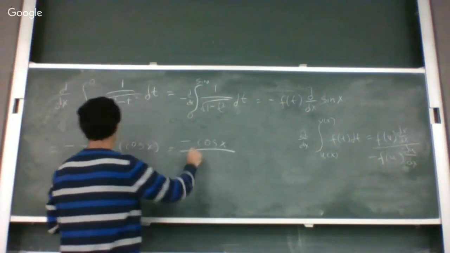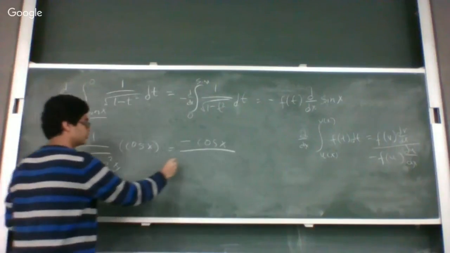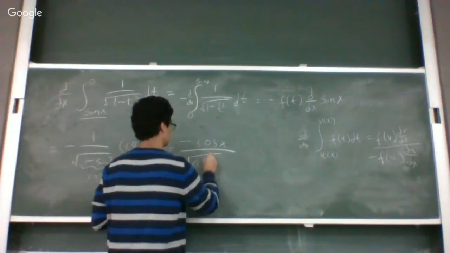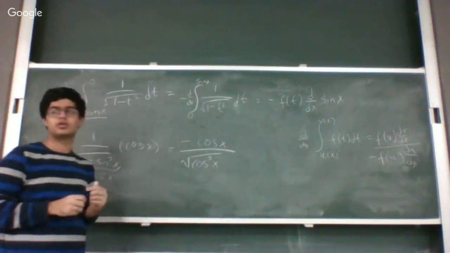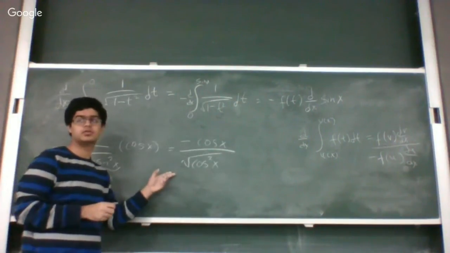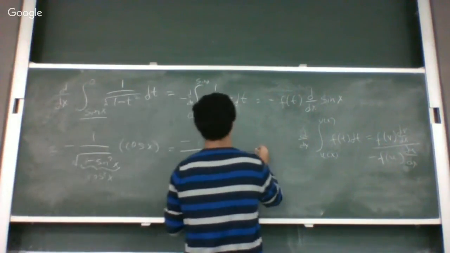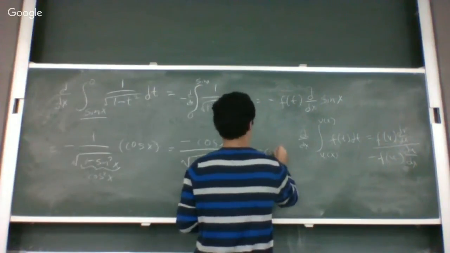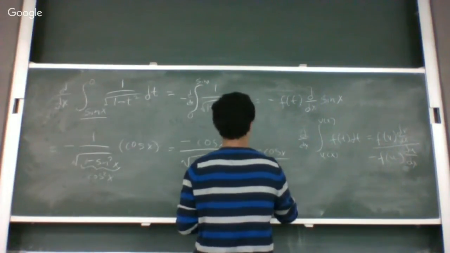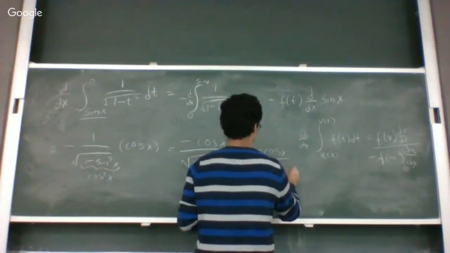You have to be careful. That's minus cosine over the square root of cosine squared x. That's the actual value: minus cosine of x over the absolute value of cosine x.